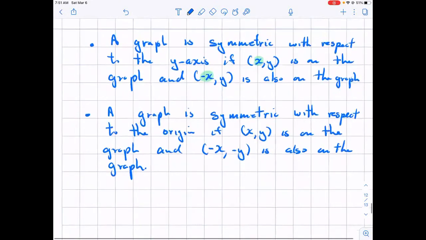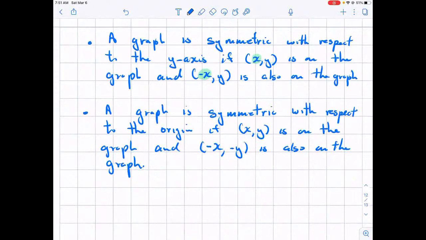So these are the three tests that you will have to perform if you're checking for symmetry. Now a graph can have x-axis symmetry, y-axis symmetry, origin symmetry.